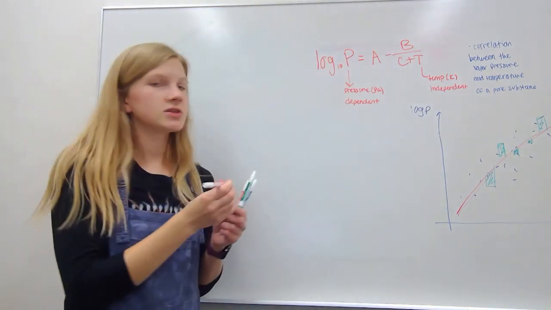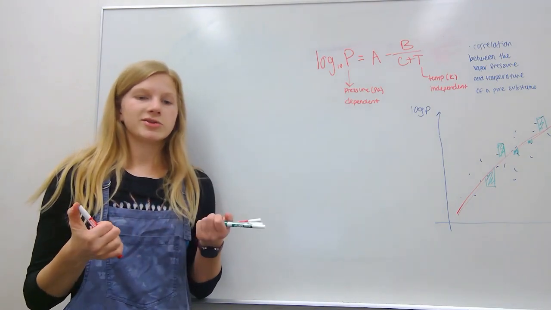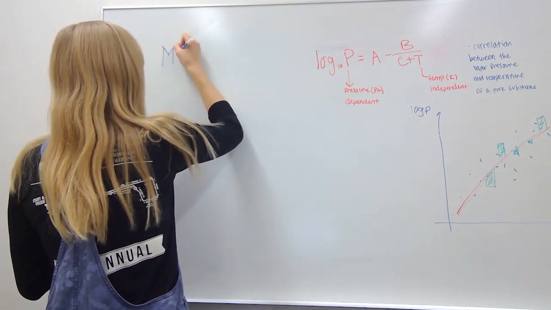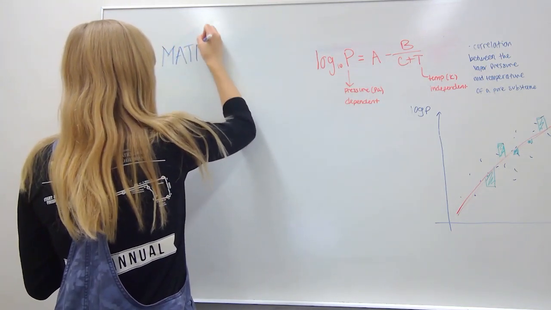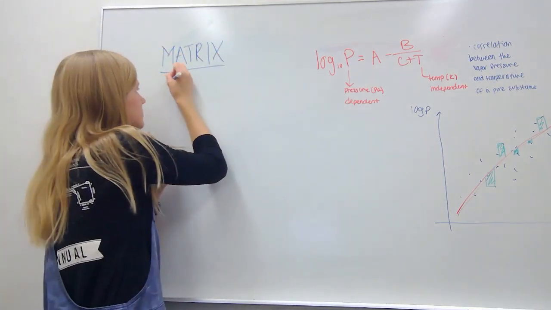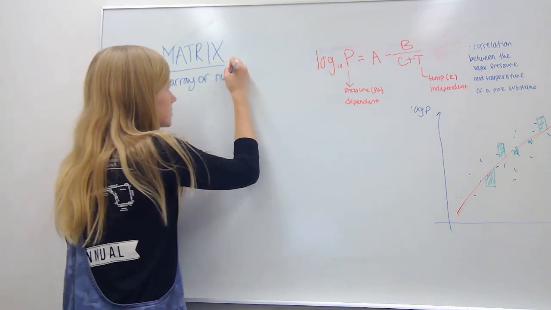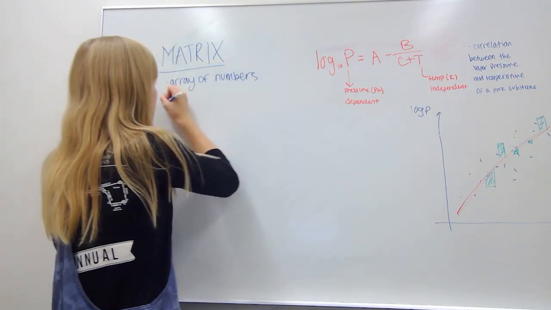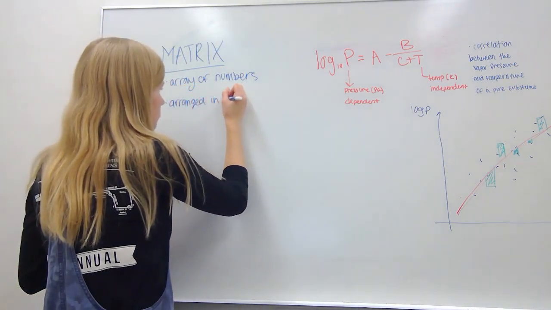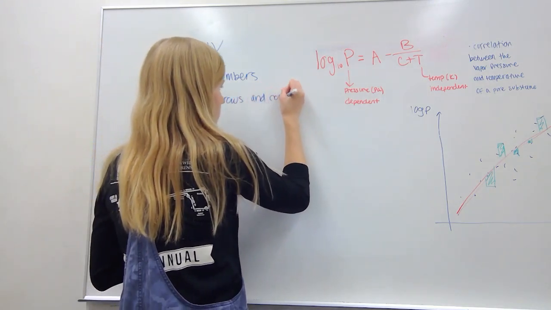Okay, so in order to transform this into a linear model, we need to use what's called a matrix. A matrix is just an array of numbers, and it's arranged in rows and columns.